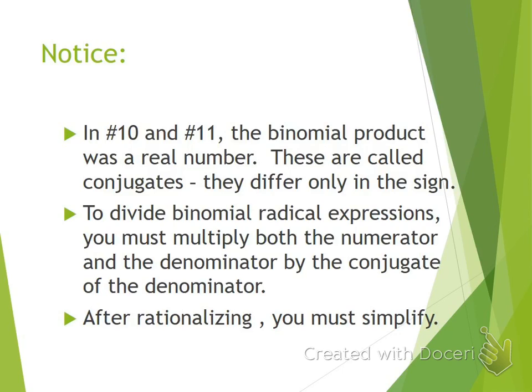After rationalizing, you must simplify. So when we multiply a binomial by its conjugate, we'll end up with a real number, meaning the radicals went away.